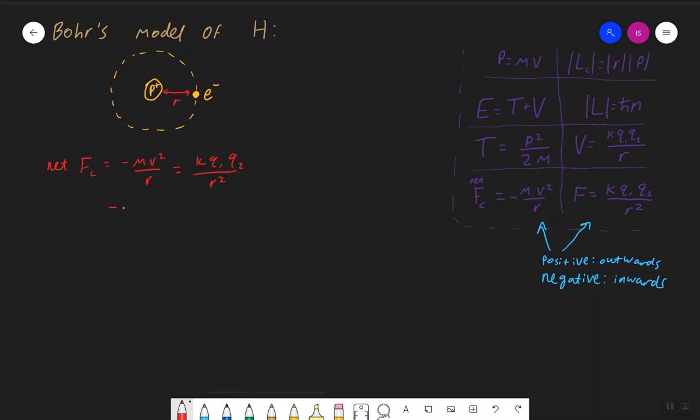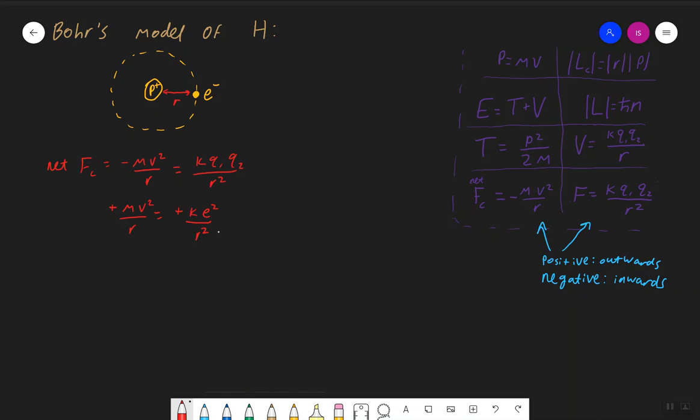So minus mv squared over r equals negative, right? Negative e squared, so we can bring the negative out front, negative k e squared over r squared. Okay, perfect. So we can cross out the negatives, which makes sense, right? The net centripetal force is inwards, the electric force is inwards.